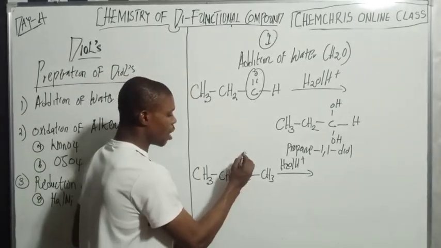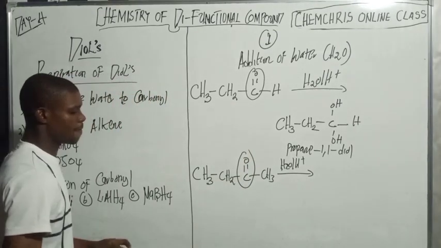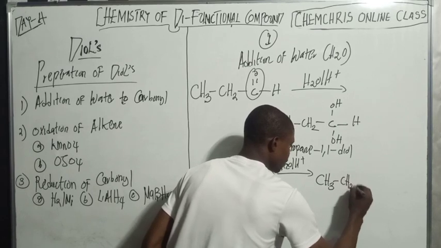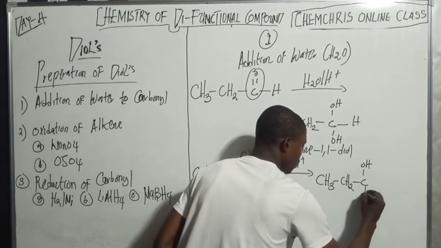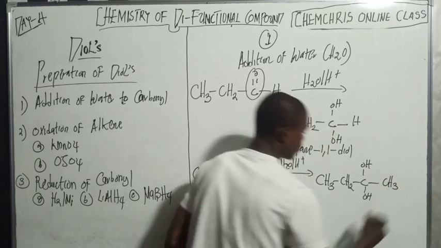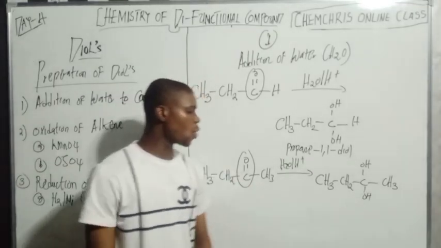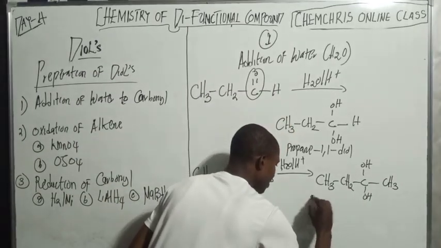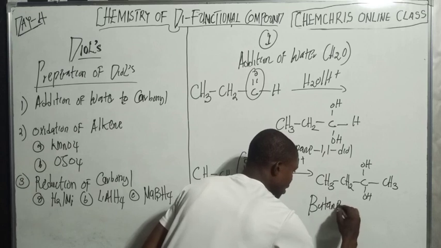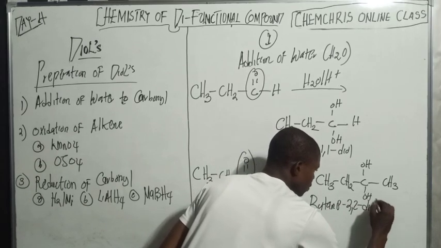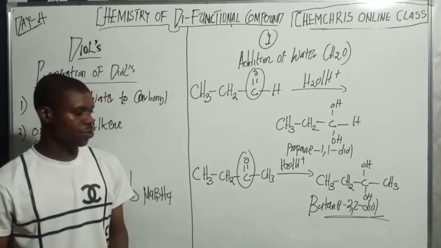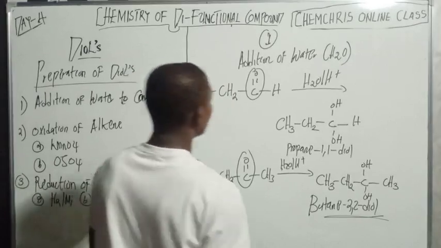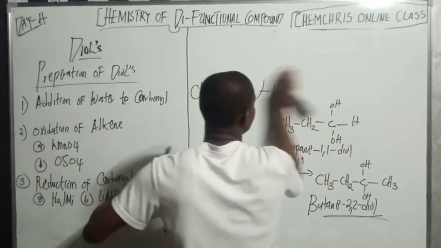The addition takes place here, so you have CH3, CH2, C with OH, OH, and here we have CH3. Can you see that? What will be the name of this product? It will be 1, 2, 3, 4, butane-2,2-diol as the product. What about if you should have something like this?